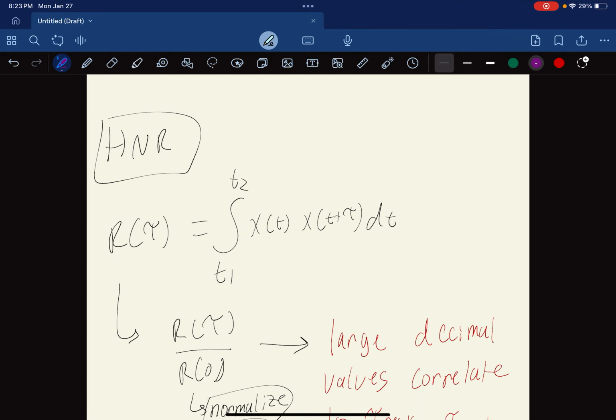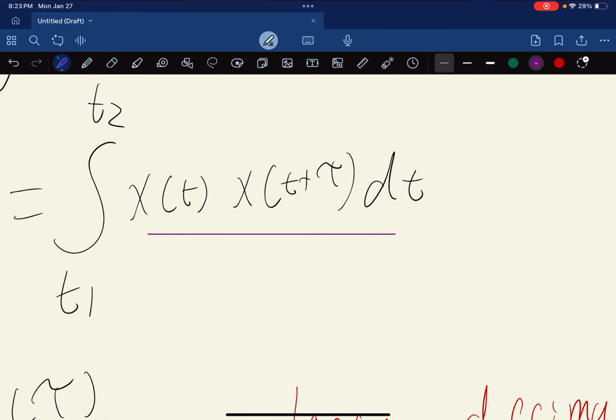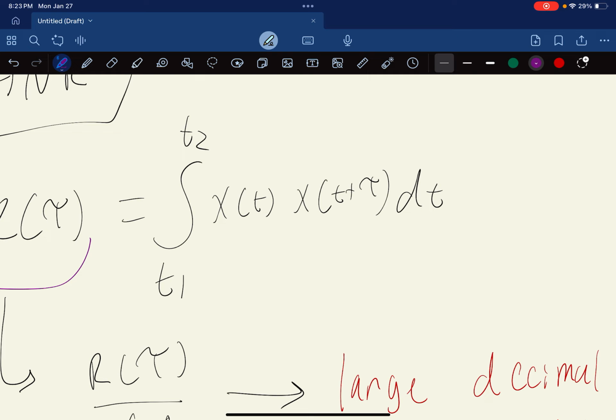What we're going to do is very similar to the fundamental frequency, actually the exact same as fundamental frequency. We're going to do almost a convolution where we dot our sound signal x of t with a time-shifted version of itself.